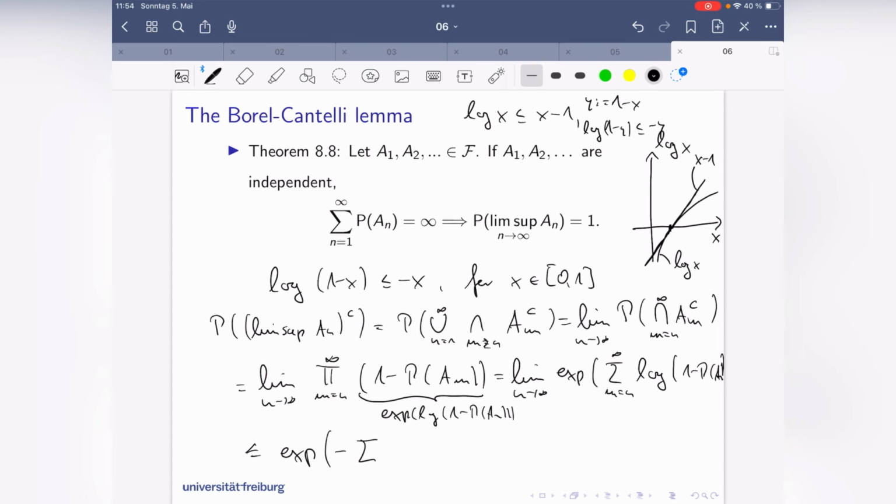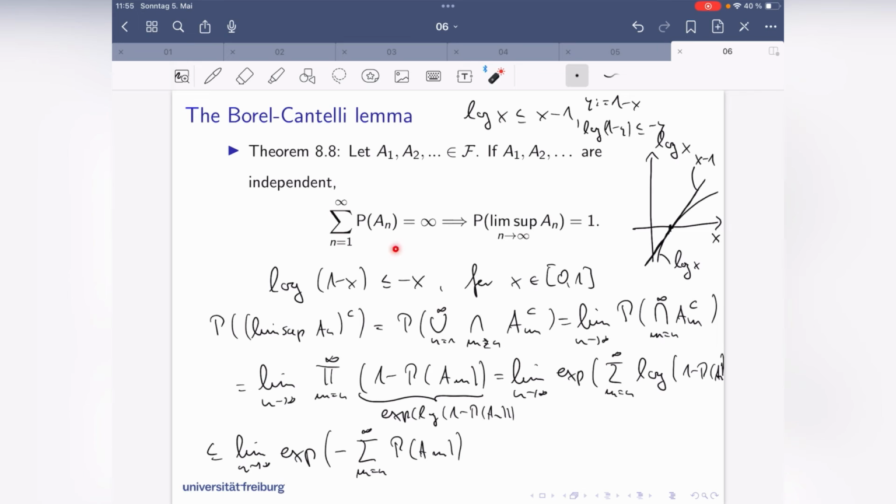Sorry, I forgot a limit here. Limit n goes to infinity, sum m from n to infinity, p of A_m.